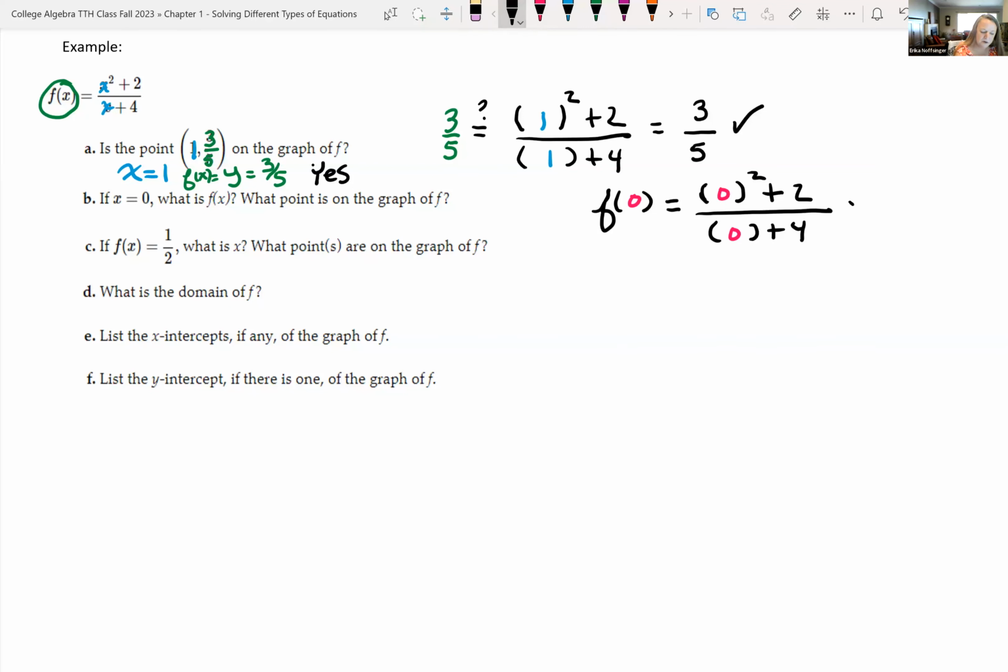So we get 0 squared is 0 plus 2 is 2, all over 0 plus 4, which is 4. This reduces, both 2 and 4 have 2 in common, so this reduces to 1/2. So if x is 0, f of 0 is 1/2. And the point on the graph is going to be x is 0, y is 1/2.